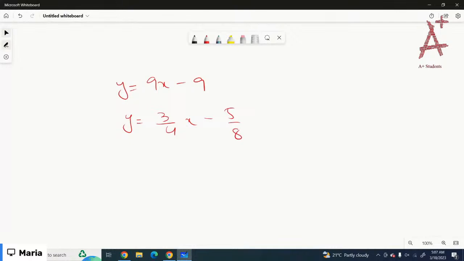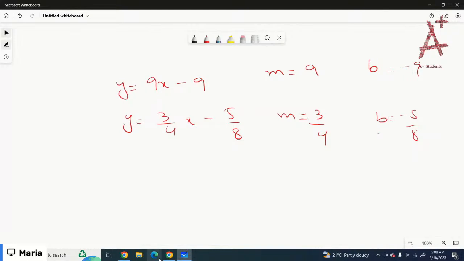Wait, let me write it down on the board. Just look at both the lines. For the first equation, the slope is 9 and the y-intercept b equals negative 9. For the second equation, the slope is m equals 3 over 4 and the y-intercept is negative 5 over 8. Got it? For both the equations, the slope is different and the y-intercept is also different.